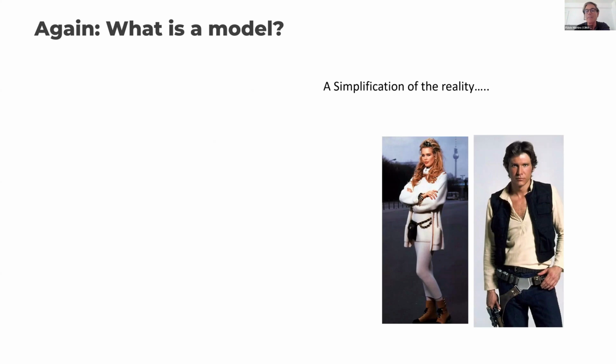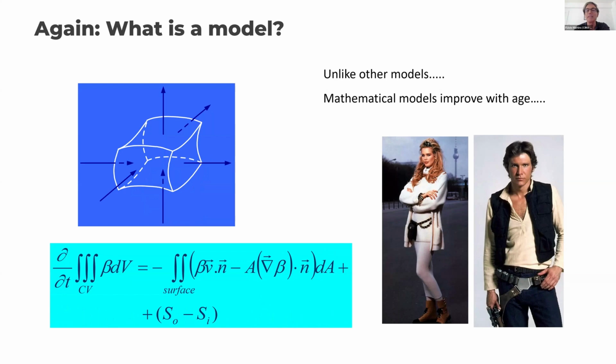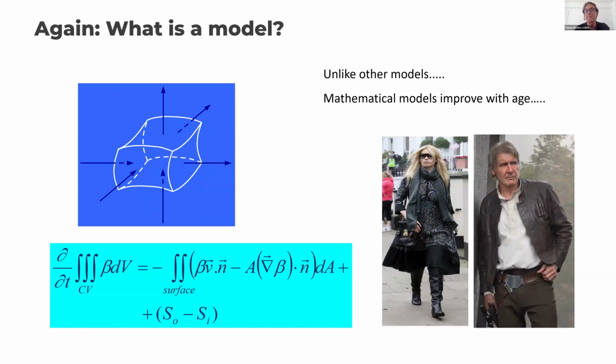But basically we are talking about mathematical models, and there is some difference between these two kinds of models, because unlike these models, the mathematical models improve with age. These guys here, no. I can prove to you these guys don't improve with age, you see? They really don't improve with age.